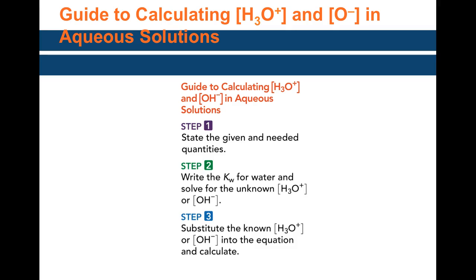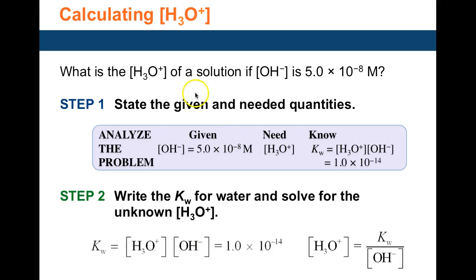So if you're given H3O plus and asked to calculate OH minus, just divide the Kw by H3O plus. If you're given the OH minus and asked to determine H3O plus, divide the Kw by the OH minus. So what is the H3O plus given OH minus, which is 5 times 10 power negative 8? Kw is 1 times 10 power negative 14.